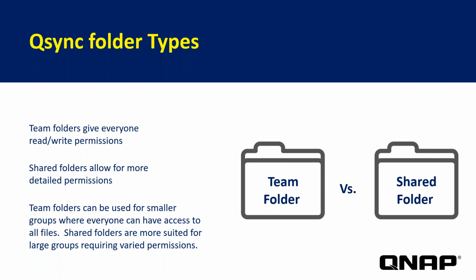So if you have a large group of users that may need various permissions, the shared folder will likely work best because you can customize the permissions for different users. However, if you have a smaller group of users or just yourself with various devices, team folder may be the most suitable.